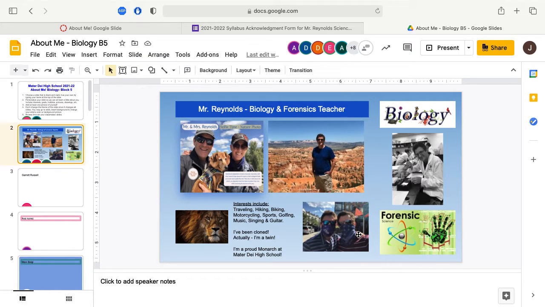I've been to many different countries. And not last summer, but the summer before, I went to Zion and Bryce Canyon for the first time and thought it was cool. I really like Yosemite, and I've been to a lot of the national parks. There's a picture of my wife and dog again.